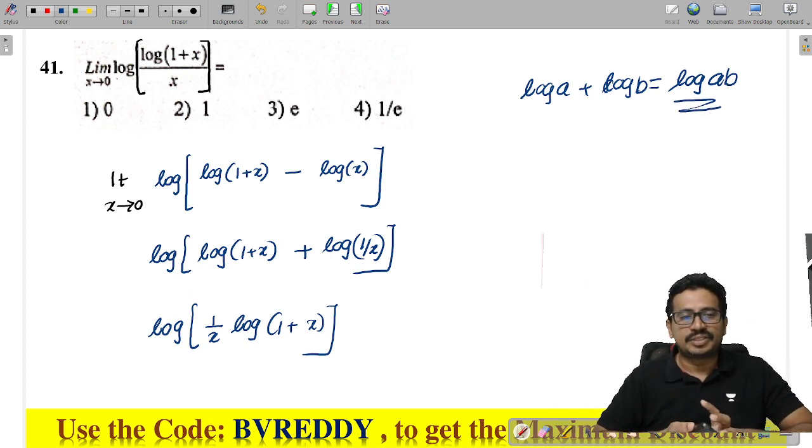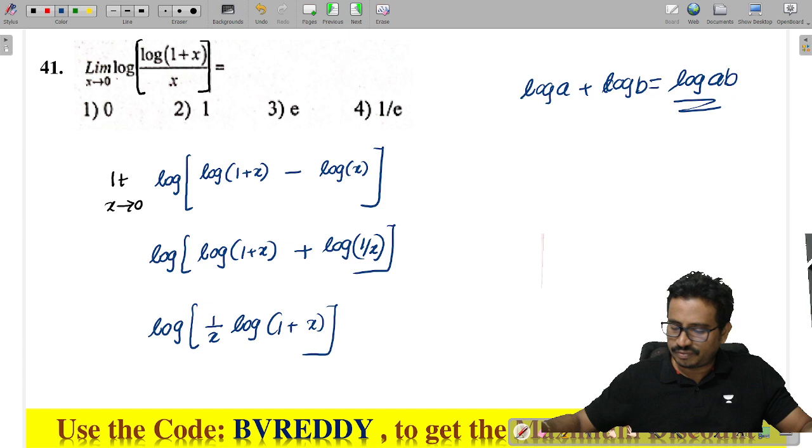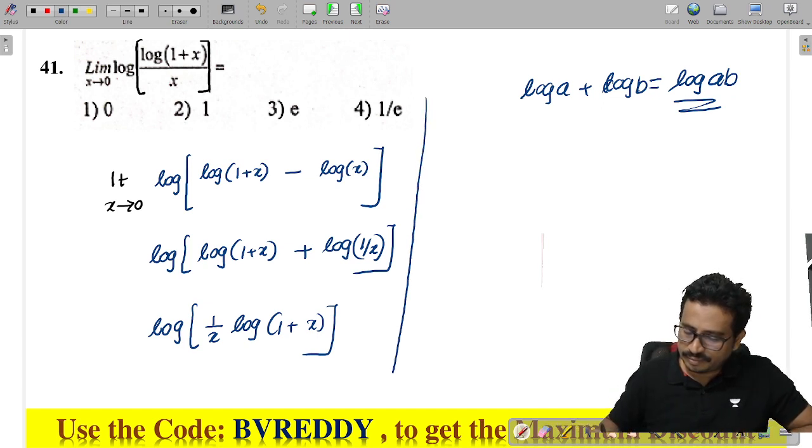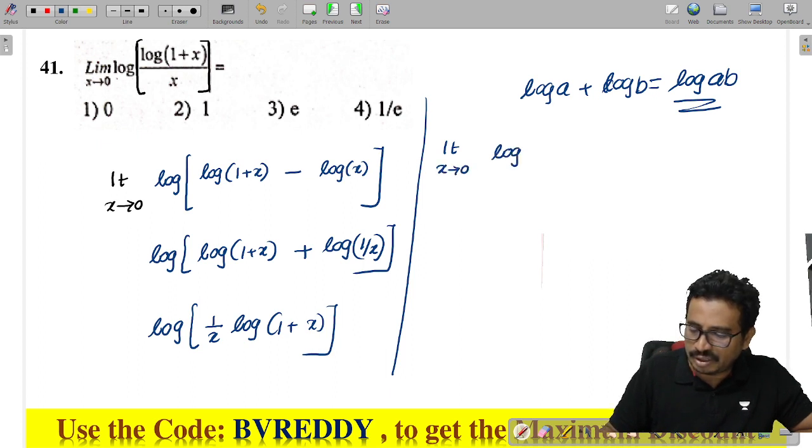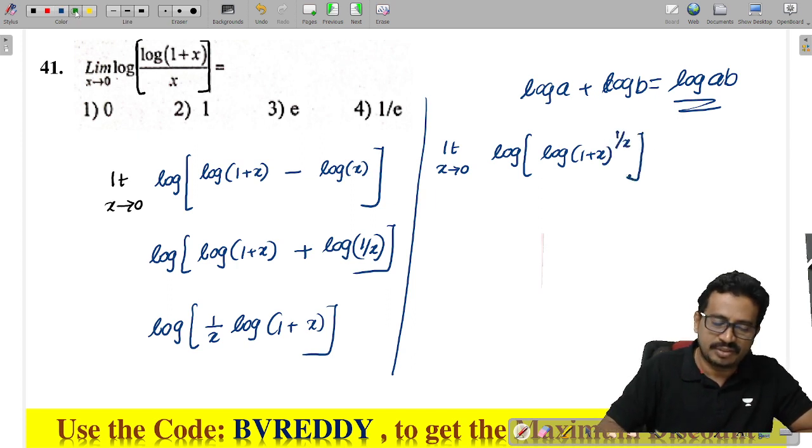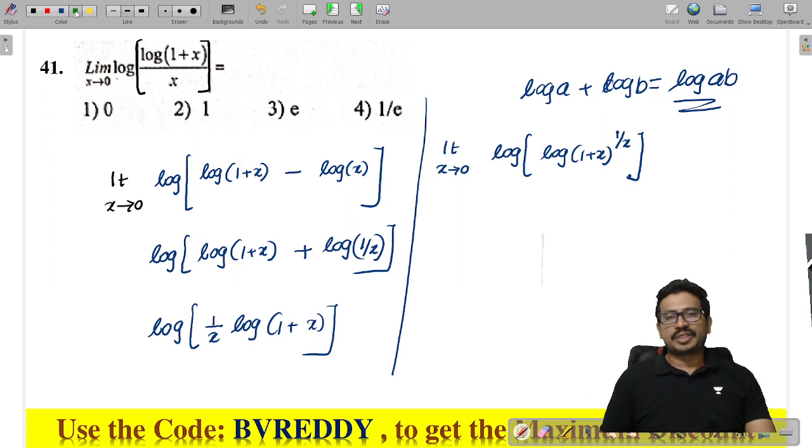Now you can see this thing here. We have modified this as usual: limit x tends to 0 of log of (1 plus x) whole power 1 by x.